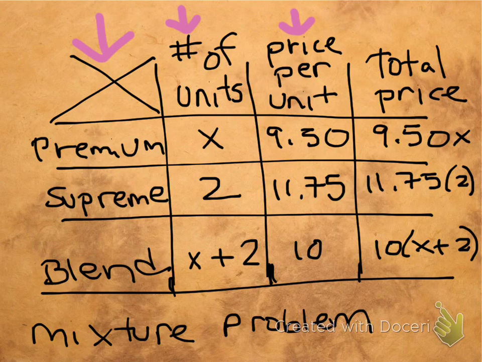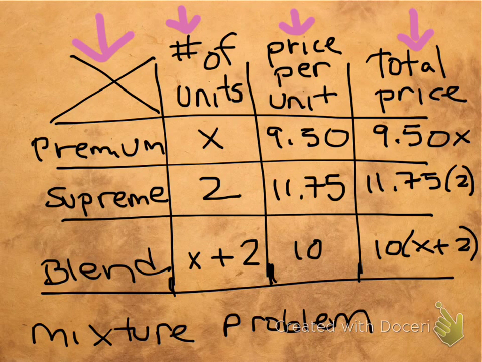You would do $9.50 times x for the premium, 2 pounds times $11.75 for the supreme, and 10 times x plus 2 for the total price of the blend. What we're trying to solve for is x.